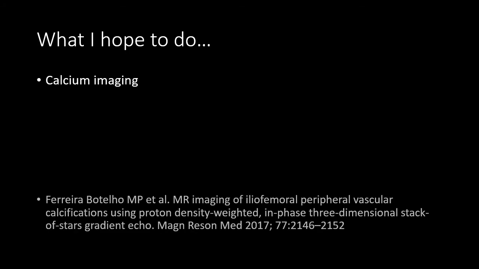Now, what I hope to do next is some calcium imaging, and again, a lot of people tell me that MR isn't very good for calcium imaging, but those who are familiar with the SMRA and the work presented here will know that that's not necessarily true.